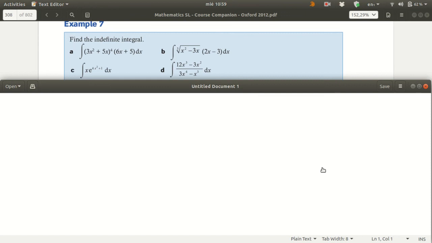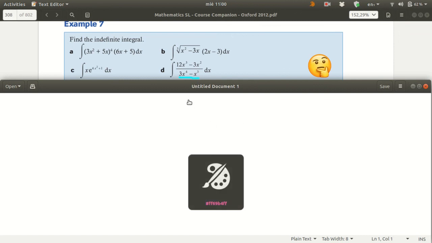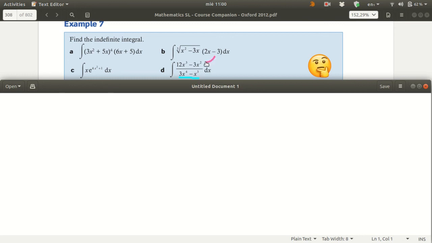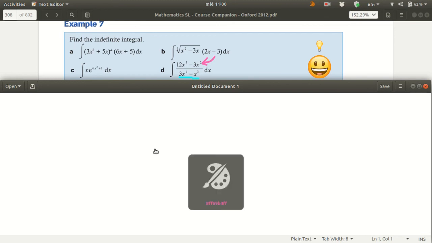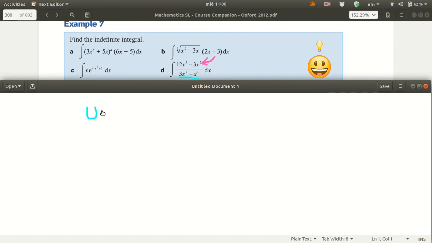Integral of (12x cubed minus 3x squared) over (3x to the power of 4 minus x cubed). So again, we have to look for that expression whose derivative is also being multiplied in the integral. In this case, if we look at our denominator, we see that this denominator has the derivative in the numerator. So we are going to apply this substitution with the denominator. u equals 3x to the power of 4 minus x cubed.